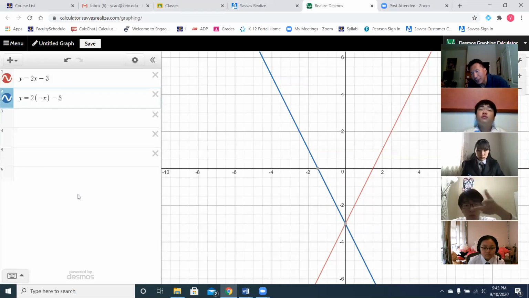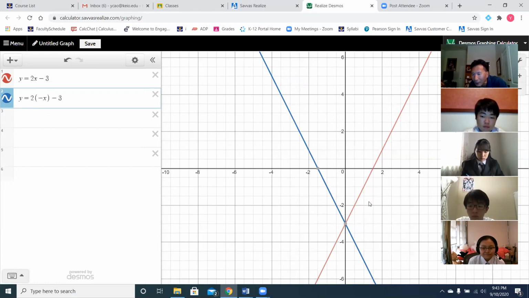The difference is you replace x by -x. Replace x by -x, and look at the graph, what happened? Reflected across which axis? Y. Very good. Who said that?